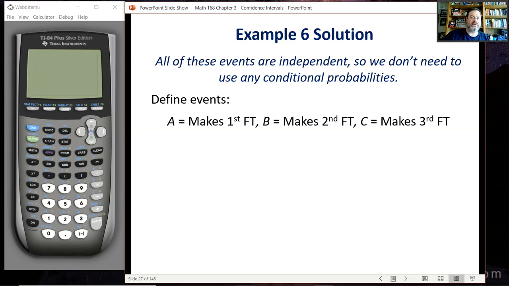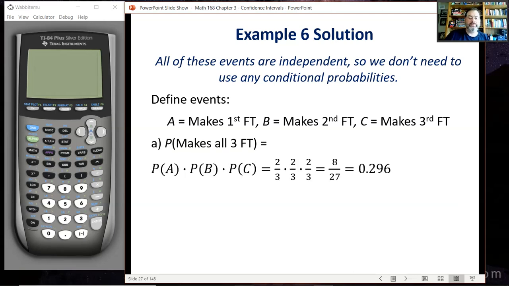Event B: makes the second one. Event C: makes the third one. The probability that the player makes all 3 is found by multiplying the individual probabilities. Each one is 2/3, which gives 8/27, which is 0.296.